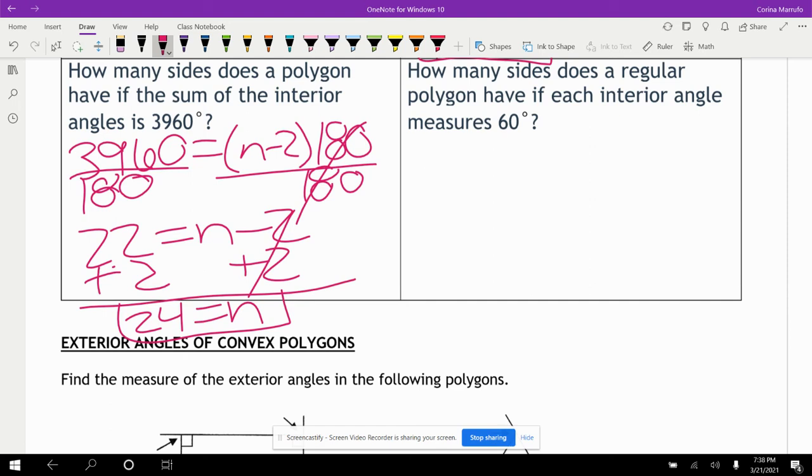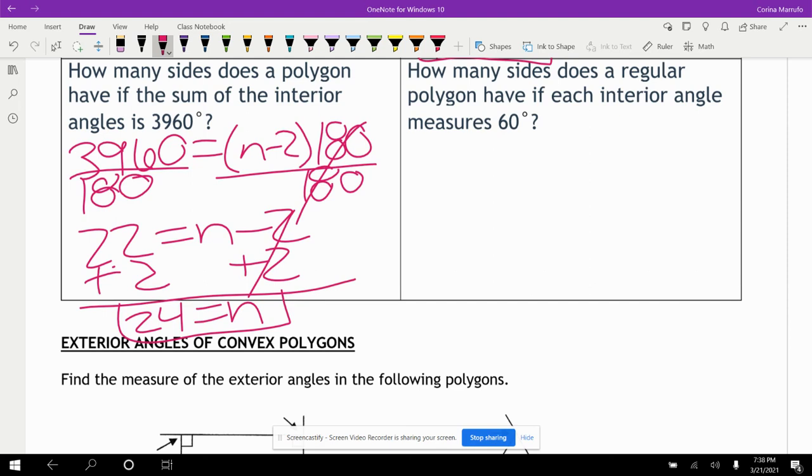Okay, the next one says, how many sides does a regular polygon have if each interior angle measures 60 degrees? Okay, so this one's a little bit different. We're looking for how many sides a regular polygon has if each one is 60 degrees. Let's see. Where should we start?